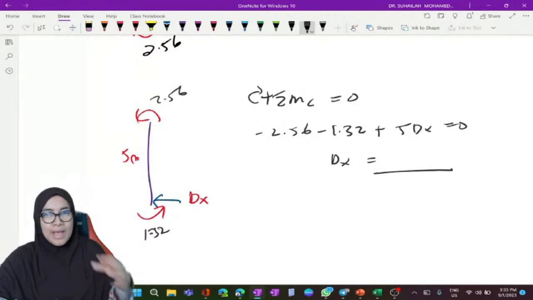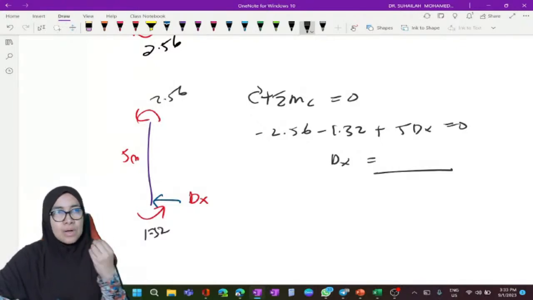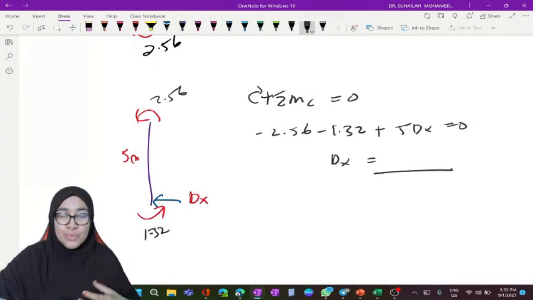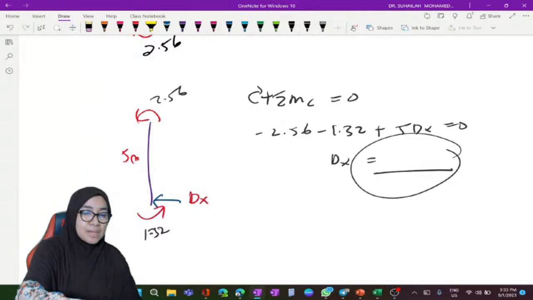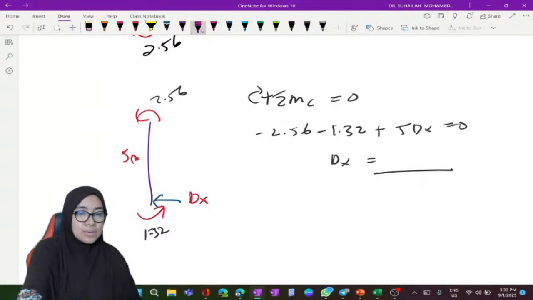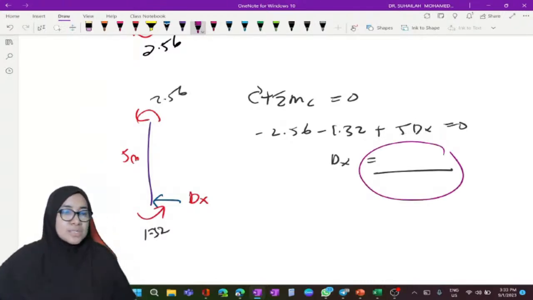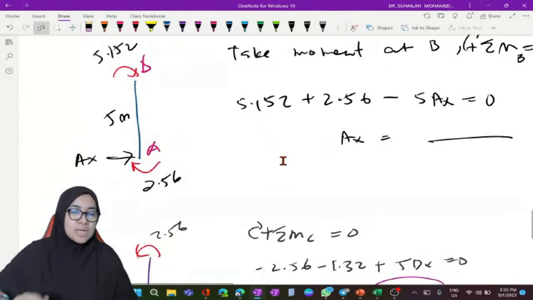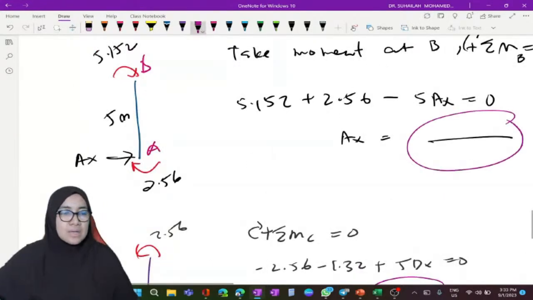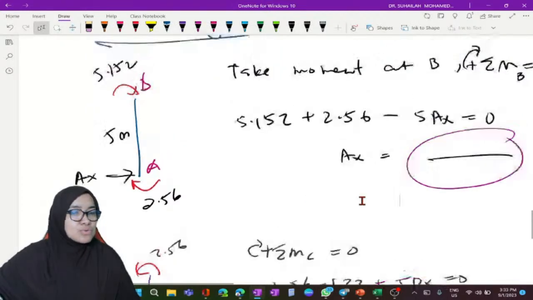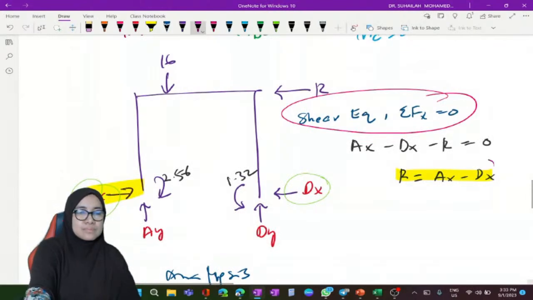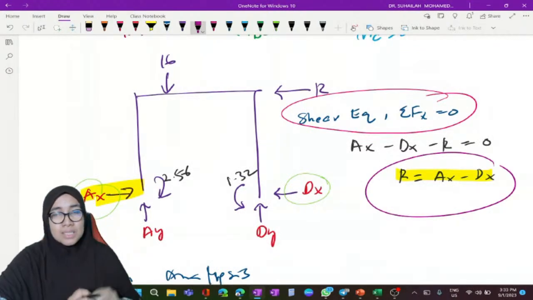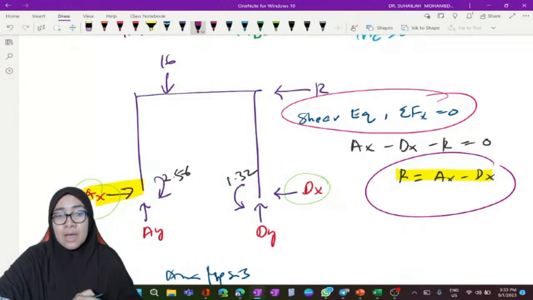Once we have AX and DX, we have to substitute them into the shear equation, then we get the R value.